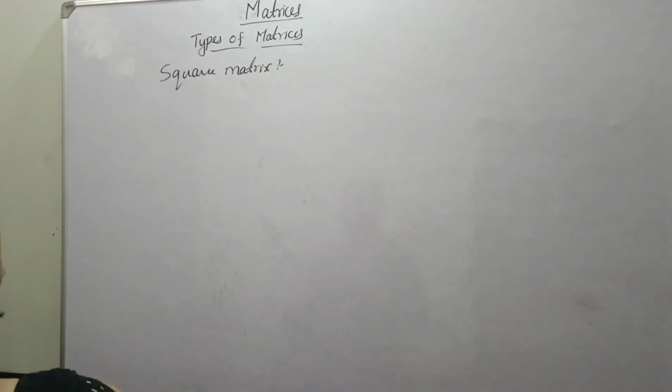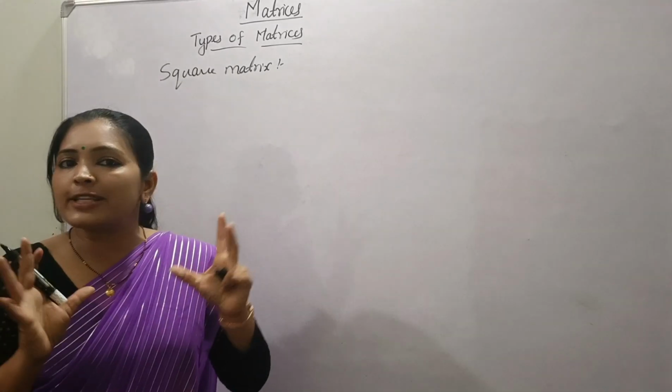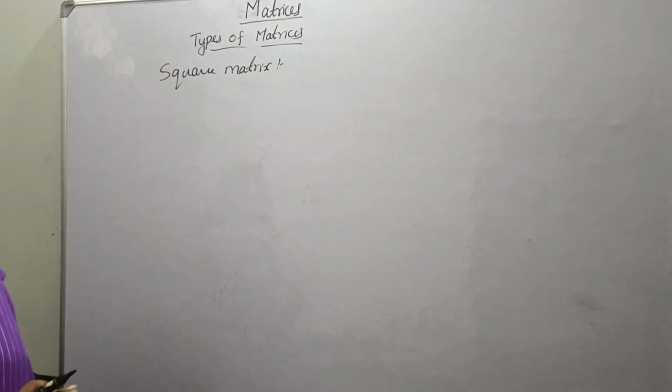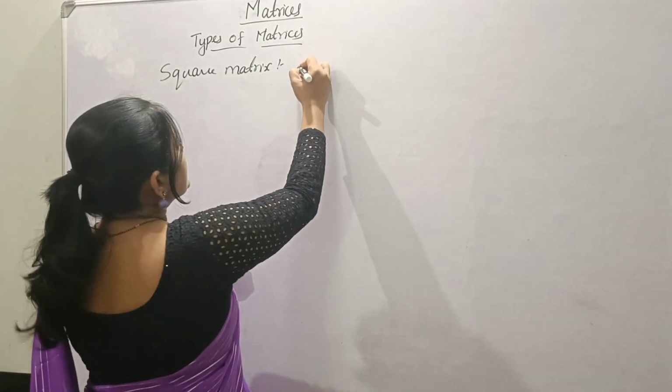Next matrix is square matrix. So according to its name, it must be a square, right? So here, now let us see what is a square matrix.